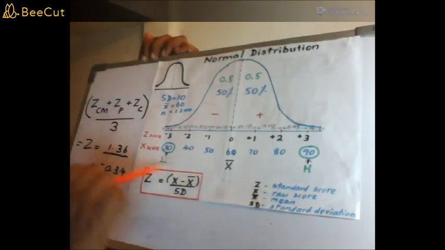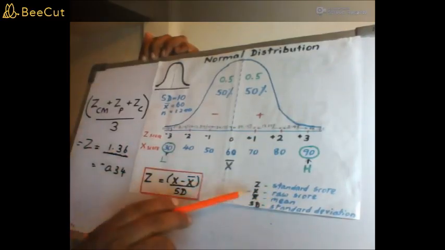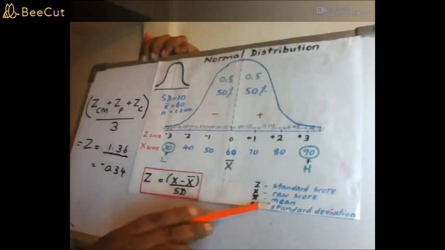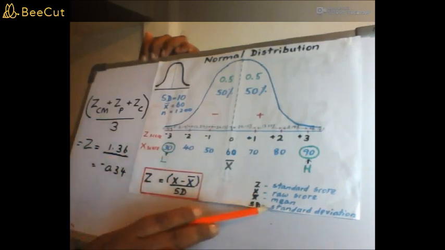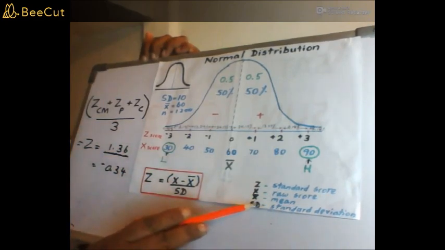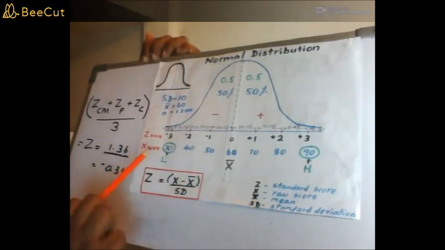They will give this and you have to calculate this Z score. Then X bar means the mean of the whole group. SD means the standard deviation of the whole group. Whole class, maybe whole group, maybe subject.